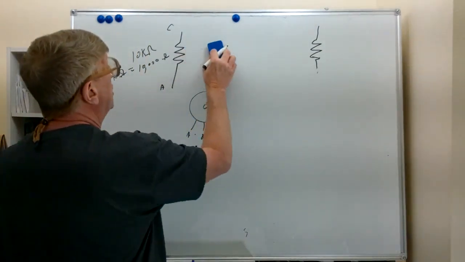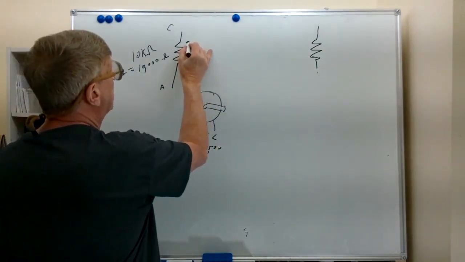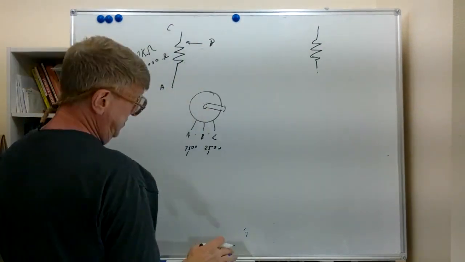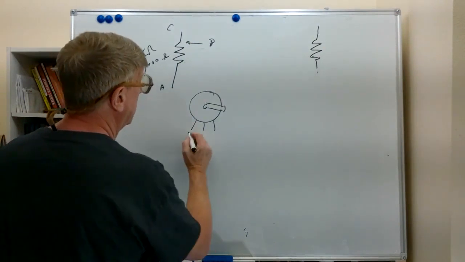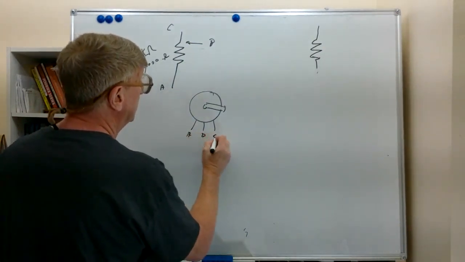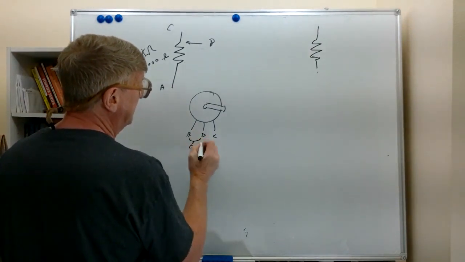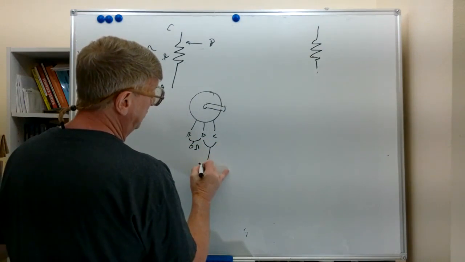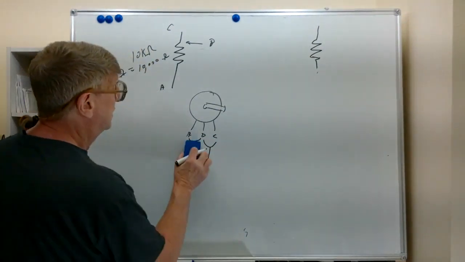If we were to take this all the way clockwise up to the top, then we end up with 10,000 ohms from A to B. I got that backwards, excuse me.